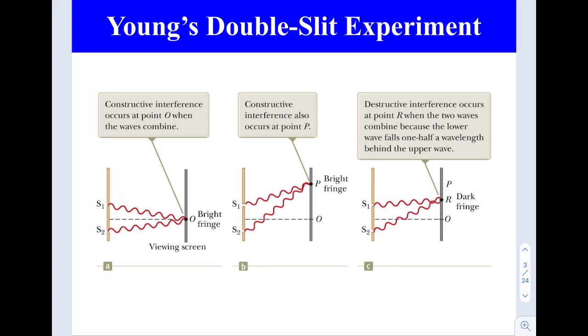When crest meets trough, they cancel each other out. That is why we have destructive interference. Consequently, we observe a dark fringe at position R.